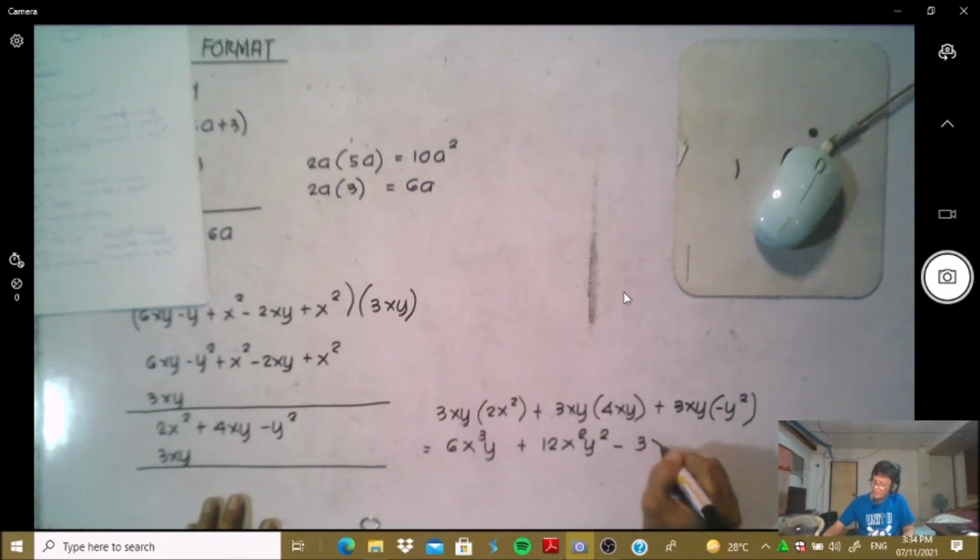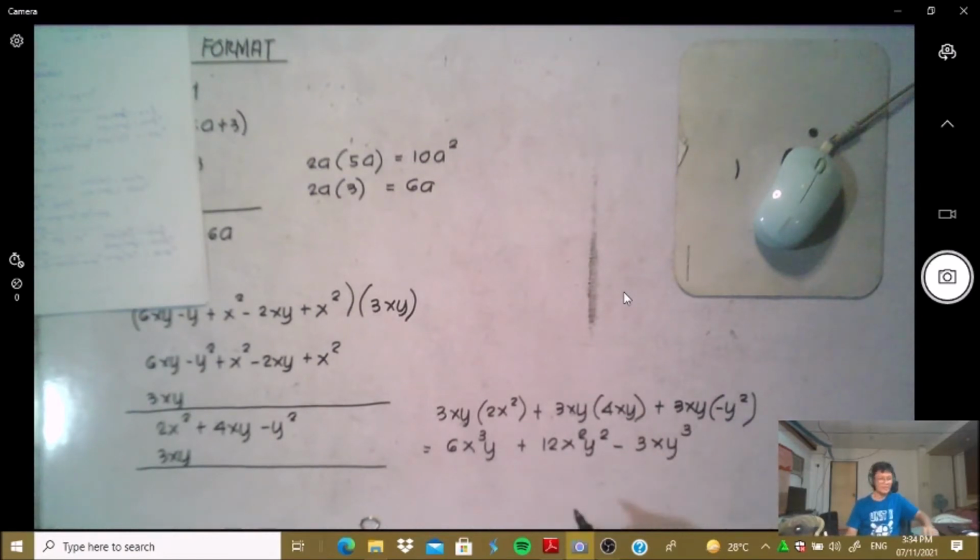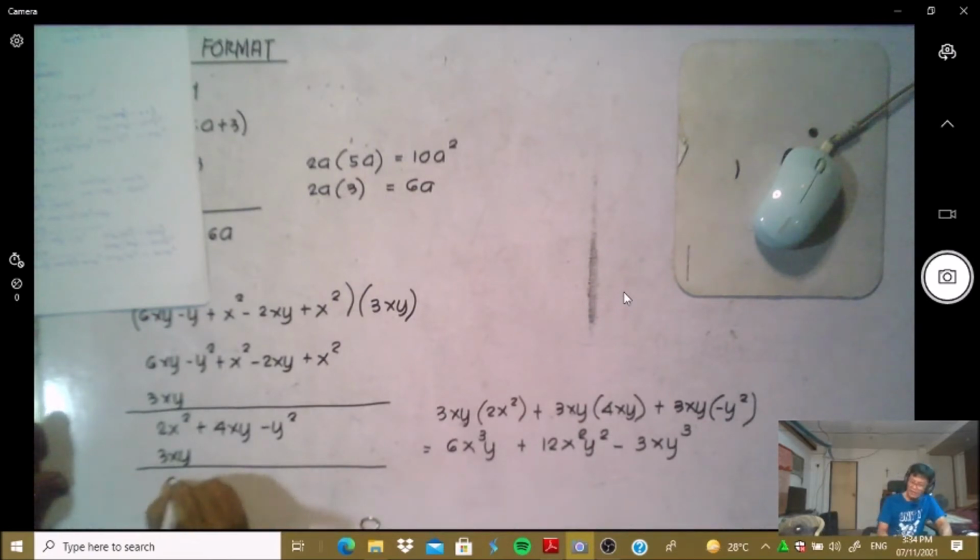Then we have x, then y times y squared is equal to y cubed. Okay, so we have 6x cubed y plus 12x squared y squared minus 3x y cubed.